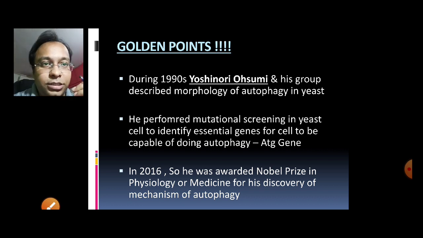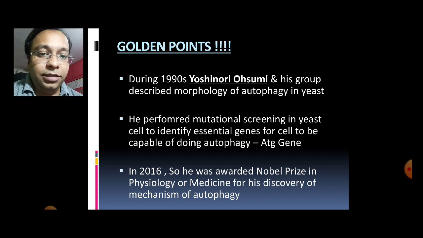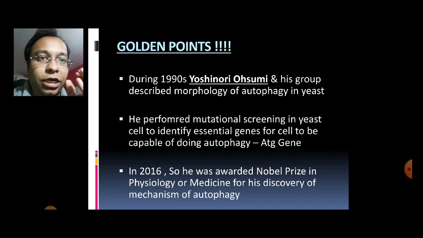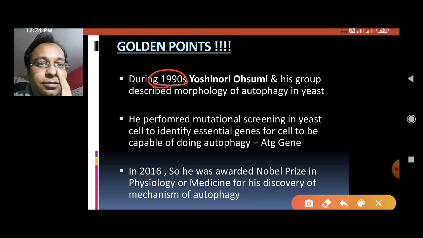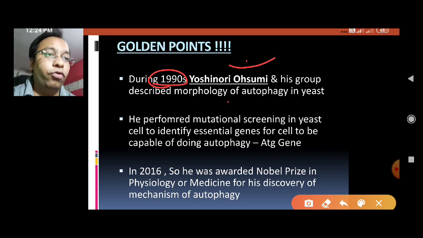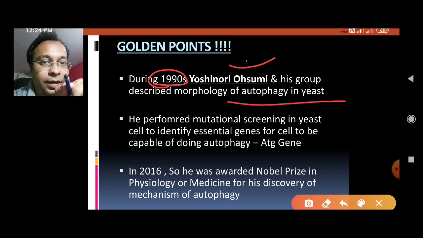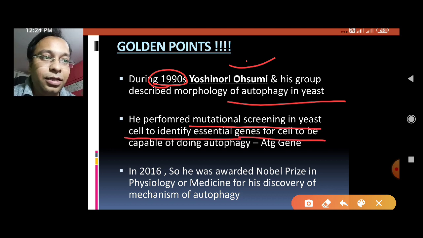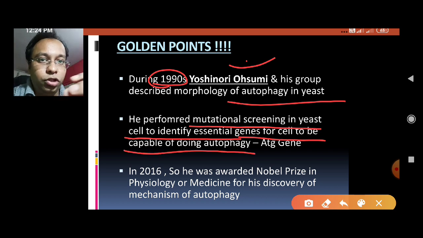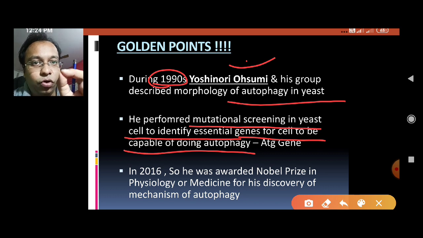Now we will discuss some golden points. So guys, basically this is a Nobel Prize winning topic. In the 1990s, the Japanese scientist Yoshinori Ohsumi and his group described the morphology of autophagy in yeast. They demonstrated the autophagy mechanism, and he performed mutational screening in yeast cells to identify the essential genes capable of doing autophagy.